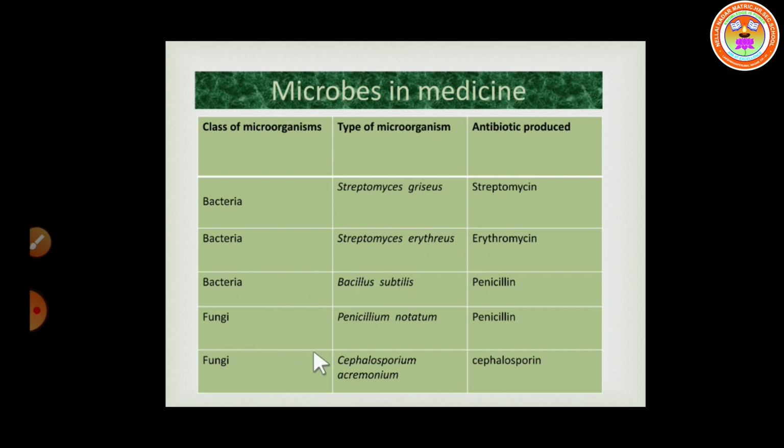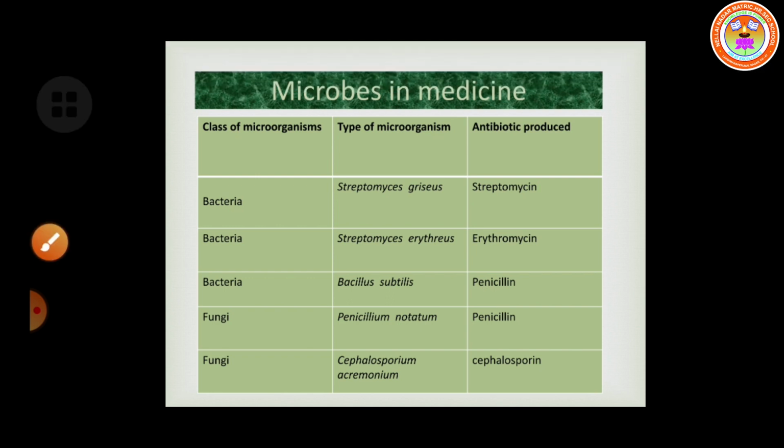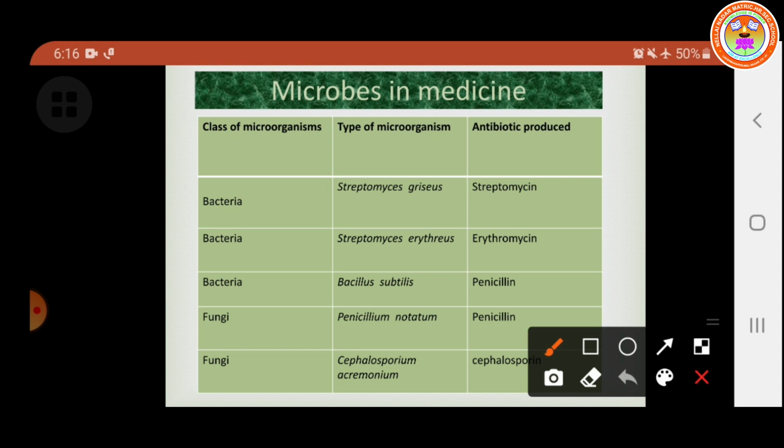And from the fungi Penicillium notatum, penicillin is produced. This is bacitracin.